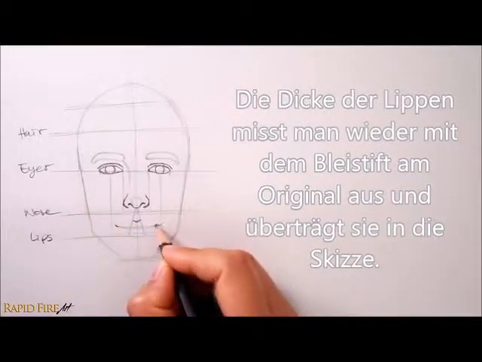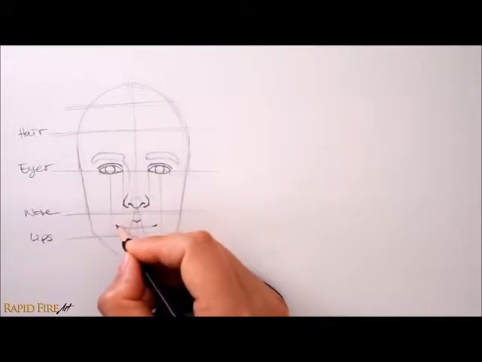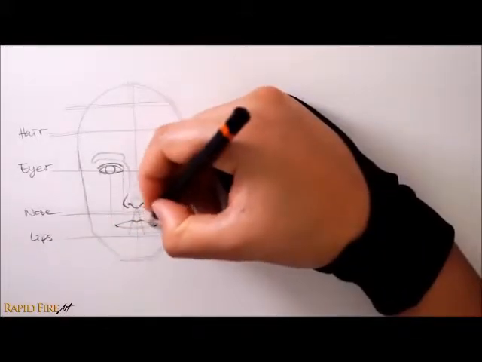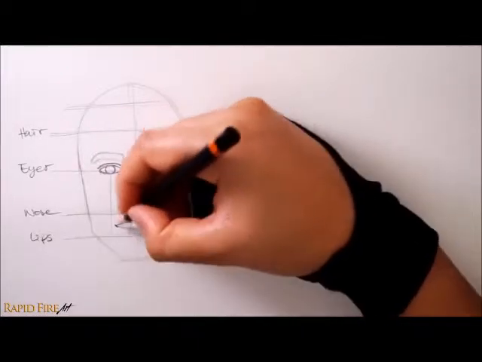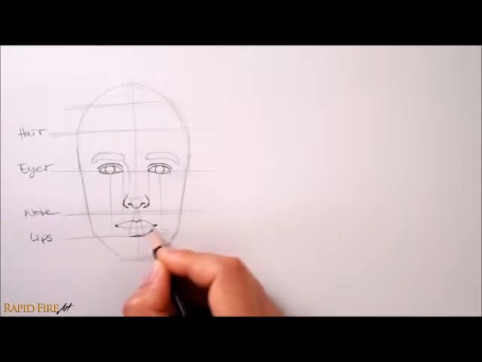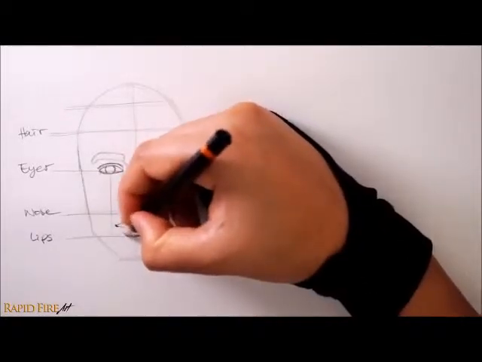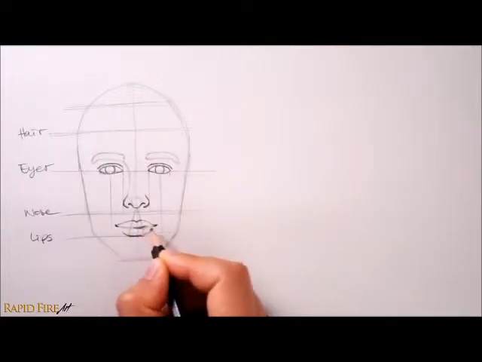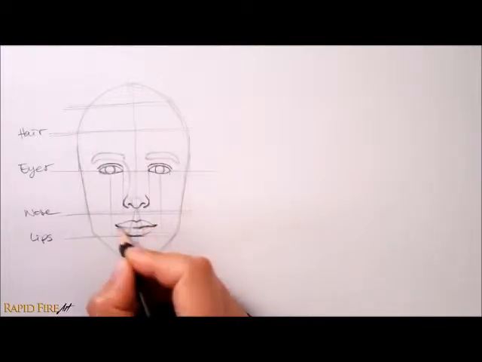Define the corners of the mouth and then connect them to the Cupid's bow to form the top lip. At the triangle's base, draw the bottom lip. Finally, define the opening of the mouth by drawing a wavy line starting in the middle of the triangle.